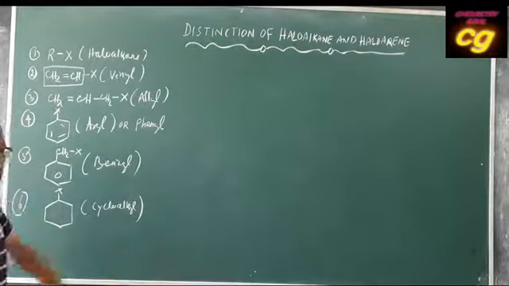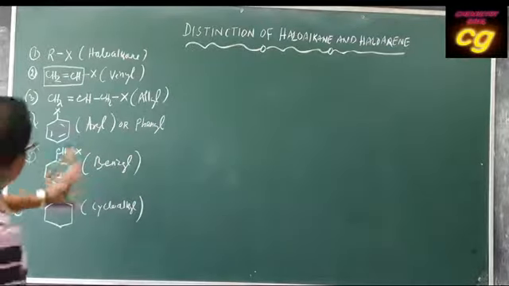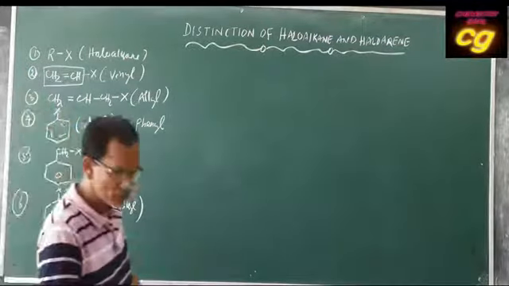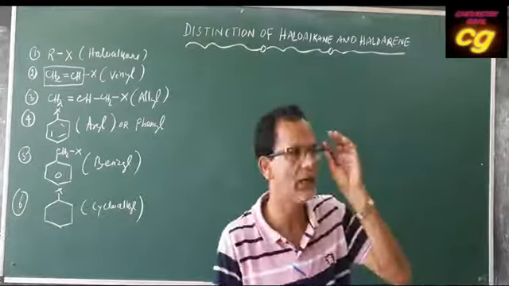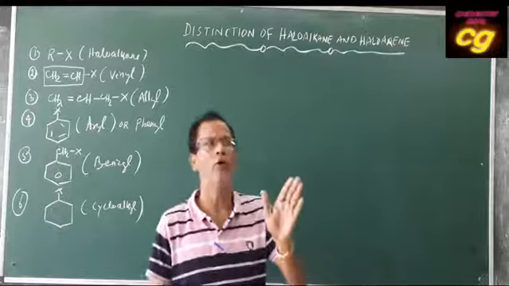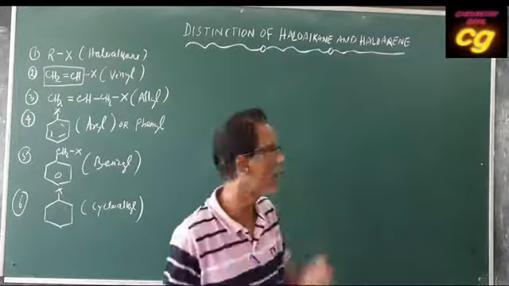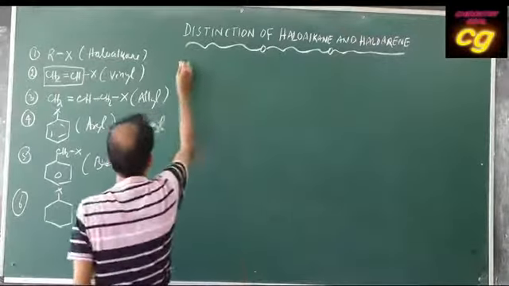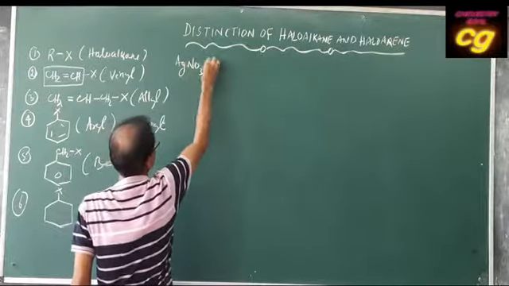So what is the common test to distinguish any types of haloalkane or haloarene? They can be distinguished using a common test. The test is called the silver nitrate test.